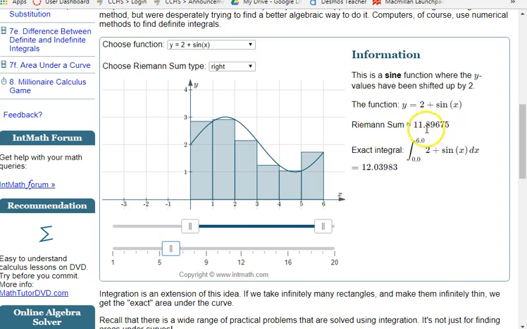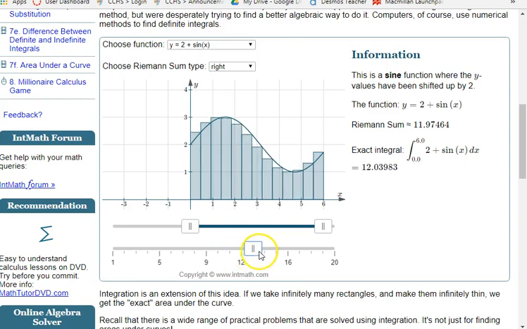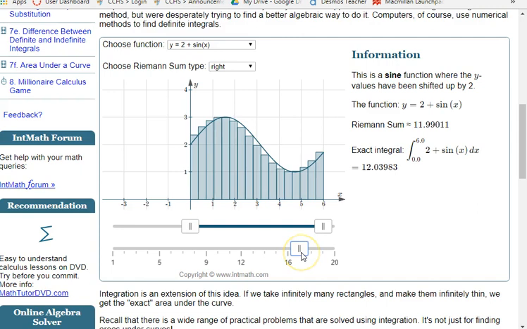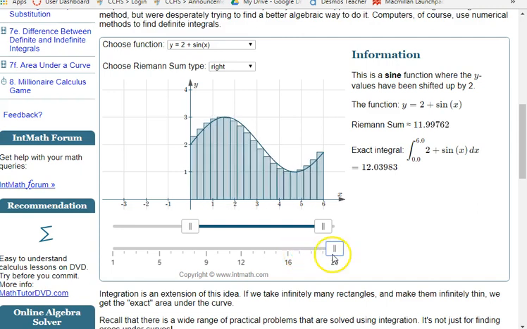So what would make this Riemann sum, the sum of the rectangles, closer to the exact area? Well, if I increase the number of rectangles. So look what happens to the Riemann sum as I increase the number of rectangles. And look at the picture too. The smaller I make the rectangles, the more the edge of the rectangles approximates the actual curve of the graph.